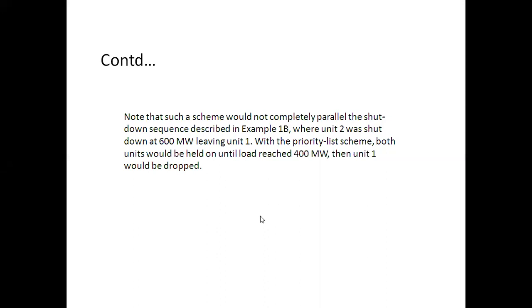This is the difference that we have seen when we use the concept of the simple shutdown technique. In the simple shutdown technique, for load from 600 megawatt to below 600 megawatt, we only commit unit 1 to meet the load demand.